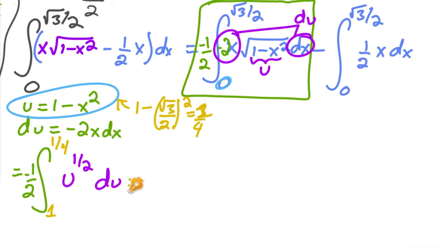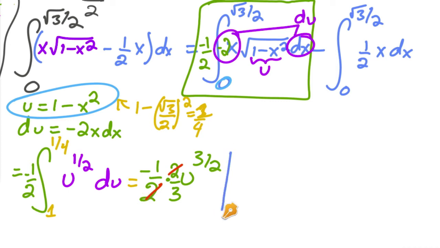Okay, so then this is equal to, we use the fundamental theorem, so we get minus 1/2 times u to the 3/2, and then times 2/3. So these 2's are going to go away, and then I'm going to evaluate from 1 to 1/4.